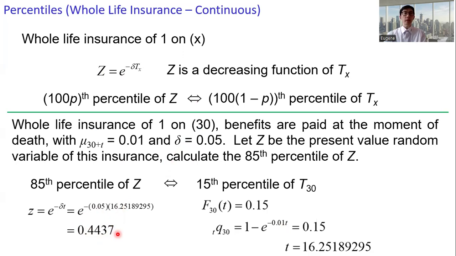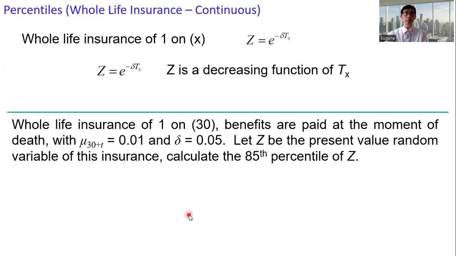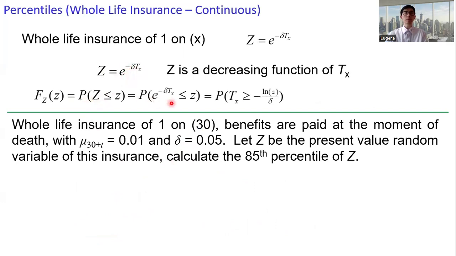And in fact, we can combine this into a single step. For the CDF of Z, we write Z in terms of Tx. And then this probability statement corresponds to npx, where n here is the negative of the natural log of Z over delta.